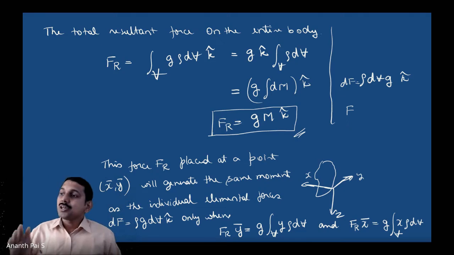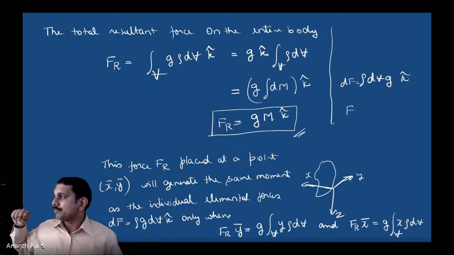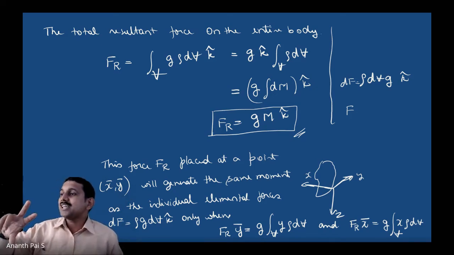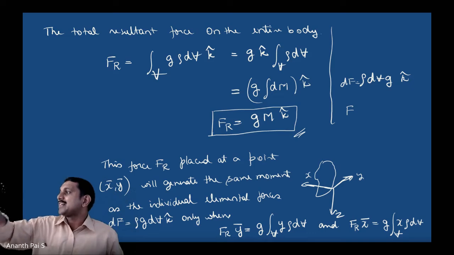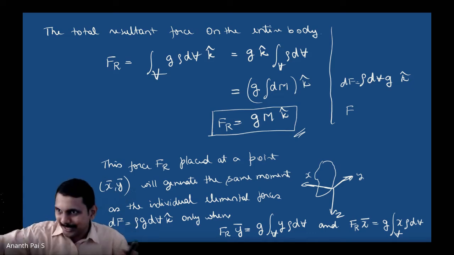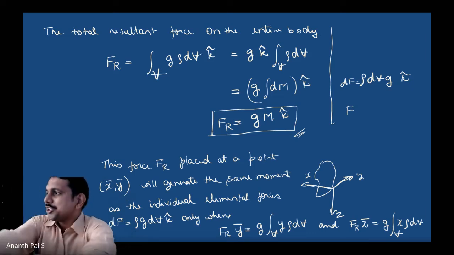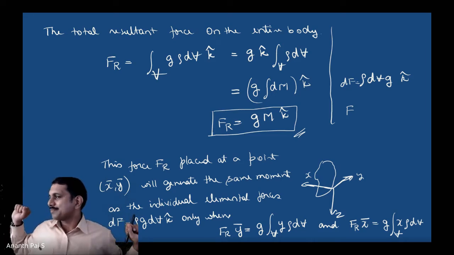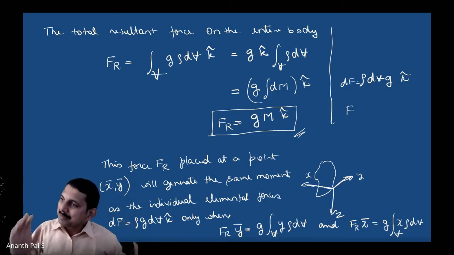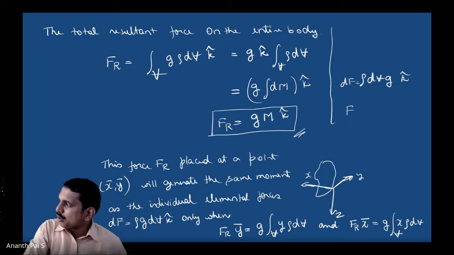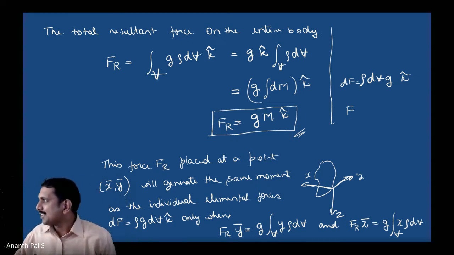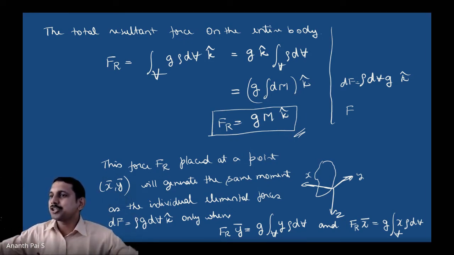Correct? Because a force system does two things. First, it creates a push or a pull. Second, it generates a turning moment. This is what you can do with force. When I am replacing all these small forces, it's like 100 people pushing a rock.